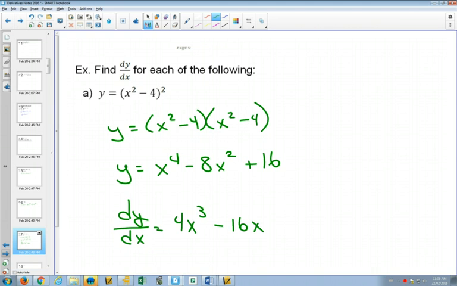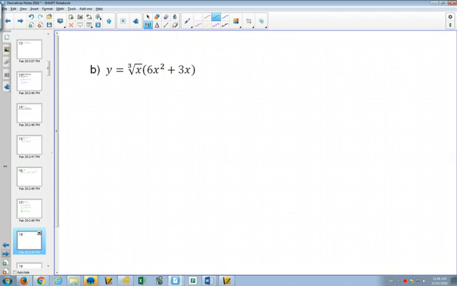So one of the strategies we use is how can we change something in a form that we can't do a shortcut for the derivative for into a form that we can. And this would be the quickest way to do that. Here we're really going to have to use our exponent rules.